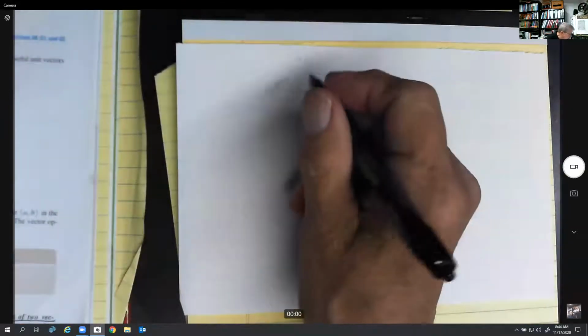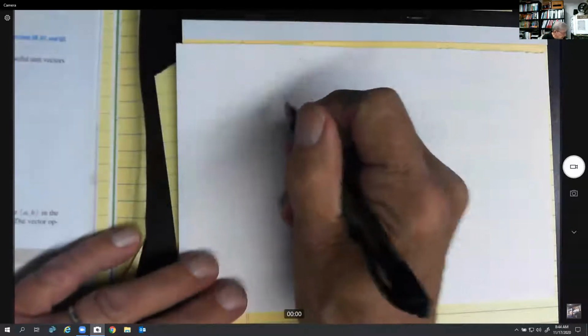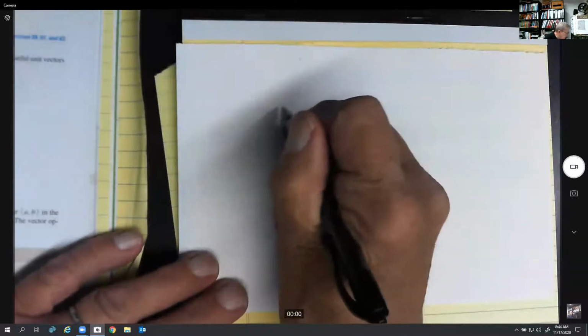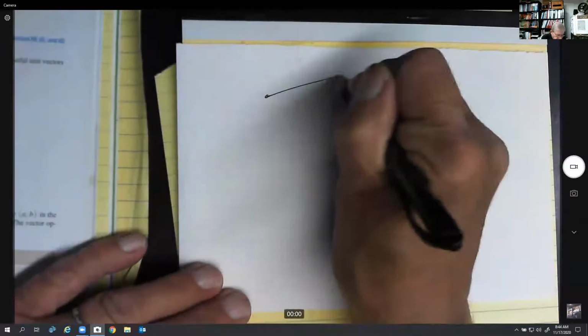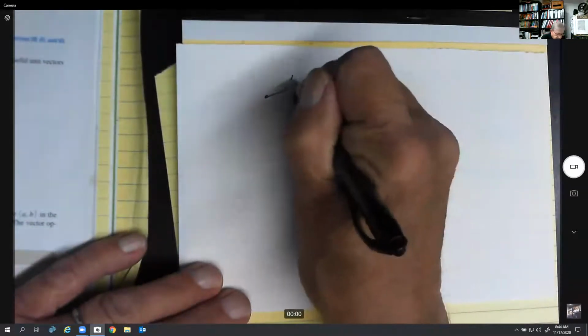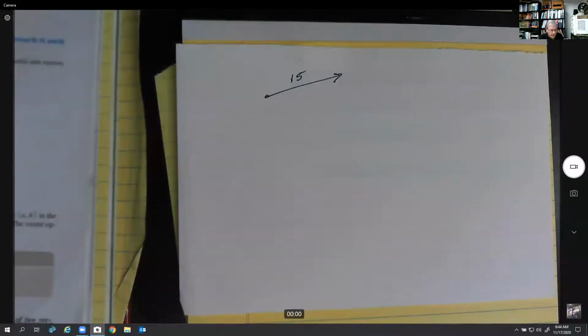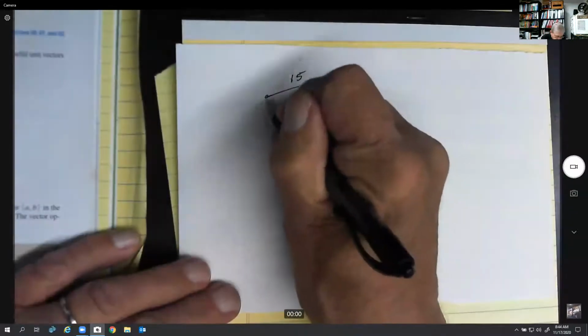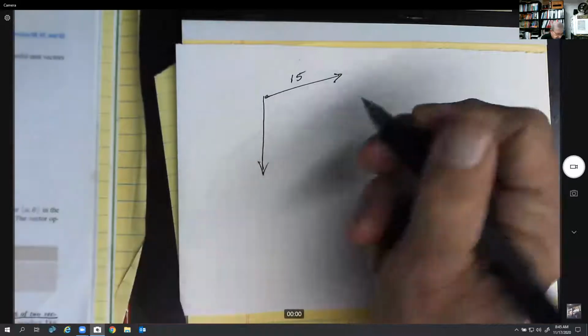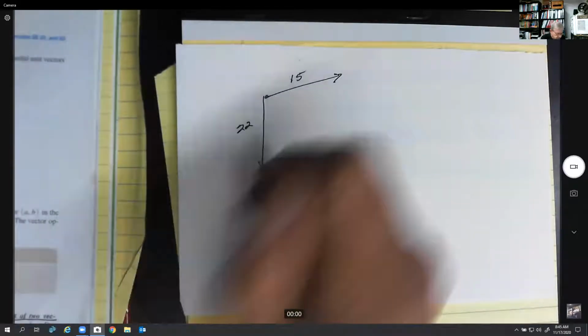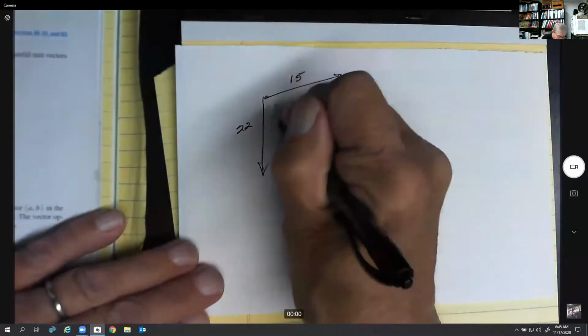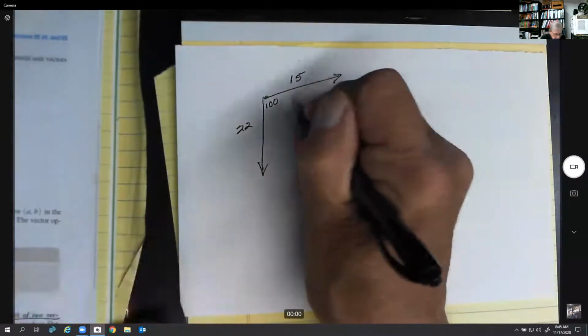Okay, so what happened is on this particular drawing, there's two forces and they're going in opposite directions. So you've got this force over here, and this is 15 newtons or whatever it is. Sometimes we do this in physics, and this happens to be 22 newtons. And we have this angle right here, which is 100.